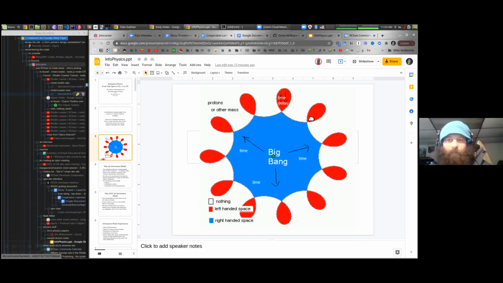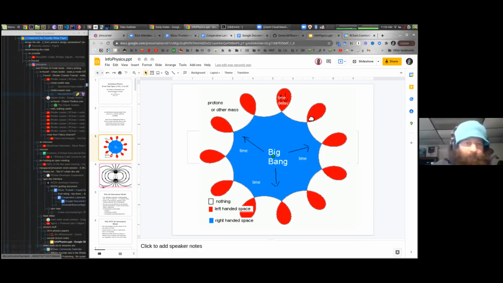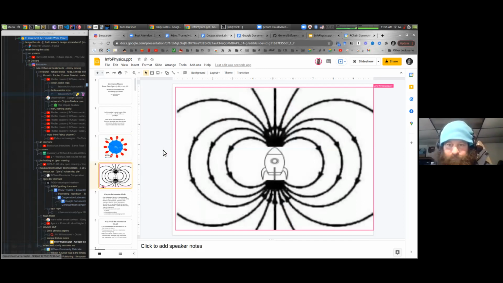I don't know if this helps. There's a diagram of my anti-gravity machine. The arrows are wrong here, depending on what you're doing.